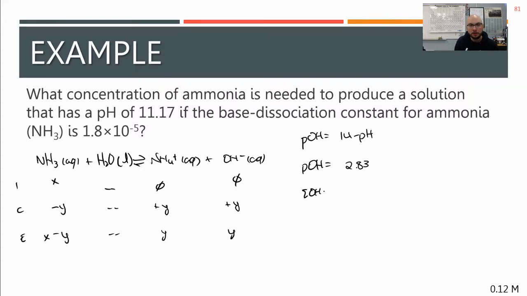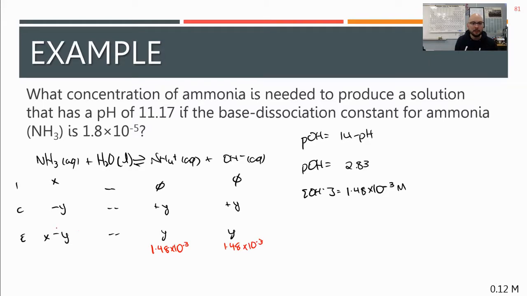So a concentration of OH minus would be equal to 1.48 times 10 to the negative 3 molarity. So we know this number here is 1.48 times 10 to the negative 3.